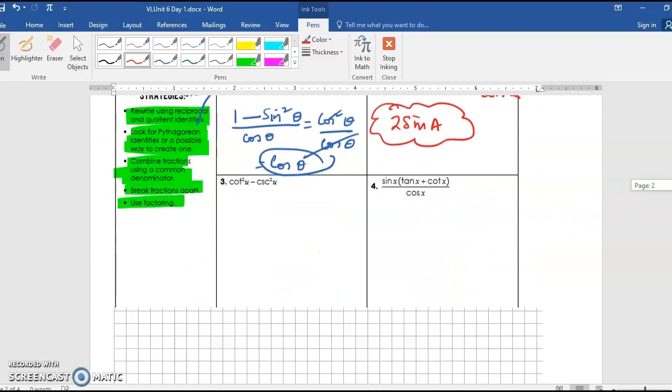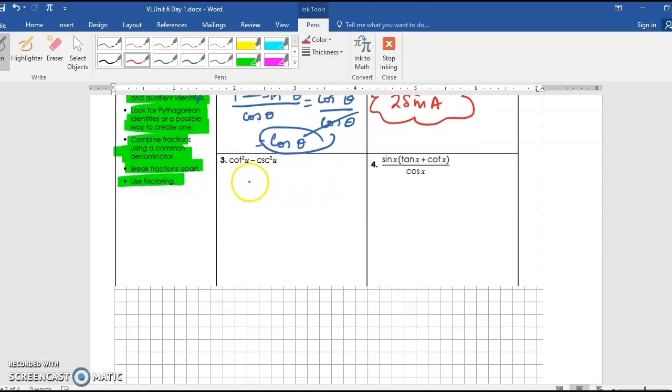You can now pause. At any moment you can pause, my dears, and then you can do all by yourself. There are actually several ways you can come to the same answer. In this particular question, I'll give you two ways, okay? We'll start out with what we started out with, breaking this down to its trig ratios: cos squared u over sine squared u minus 1 minus sine squared u.